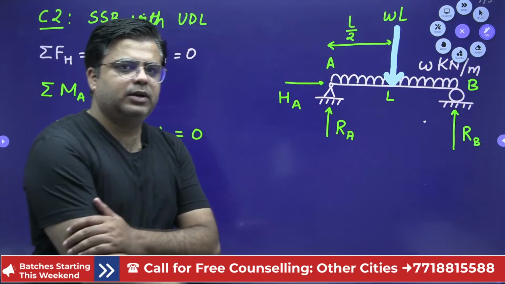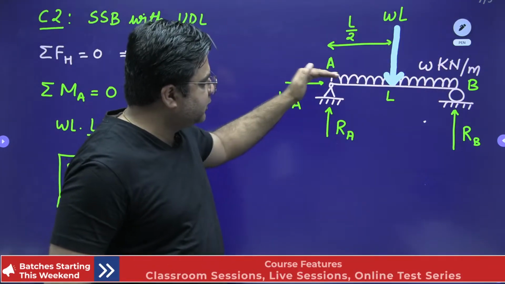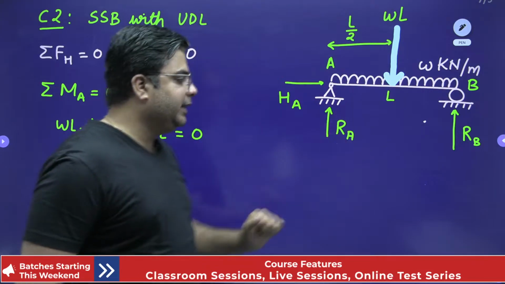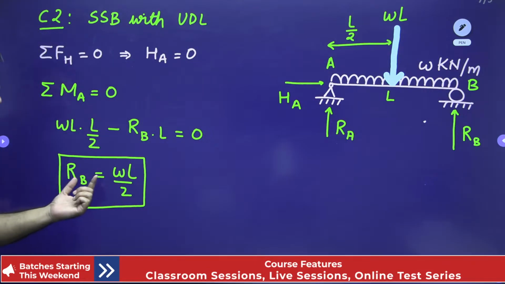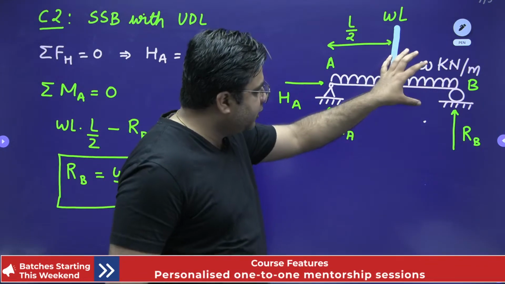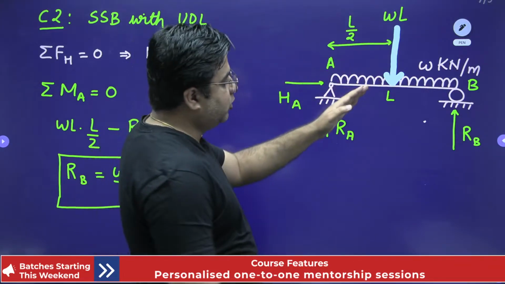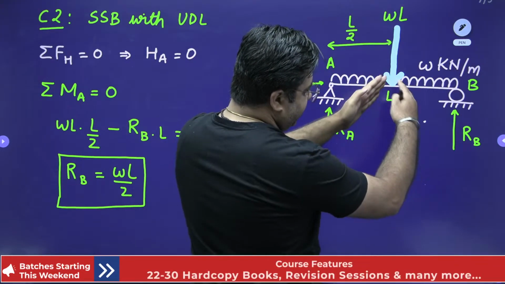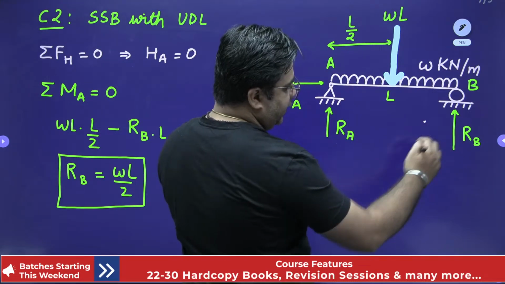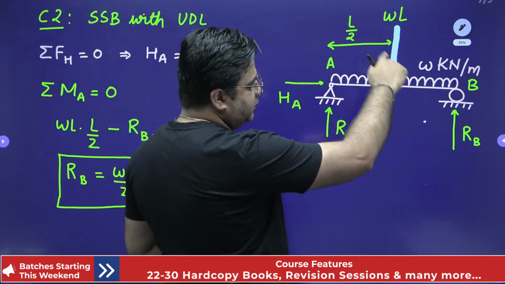Is it visible? If you observe this loading carefully, this is a symmetrical loading. So either you use these equations and calculate the value of RB and RA, or you can directly focus on the loading. This loading is symmetrical, so half and half of the loading will be distributed to RA and RB. So directly you can write RA as WL by 2 and RB as WL by 2.